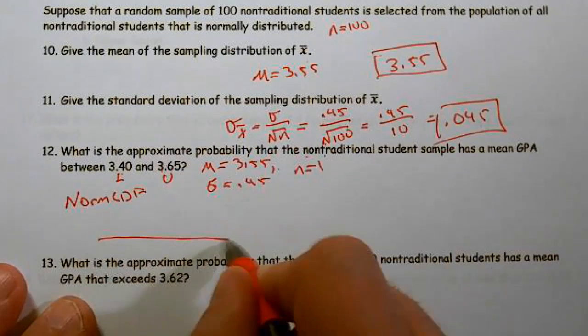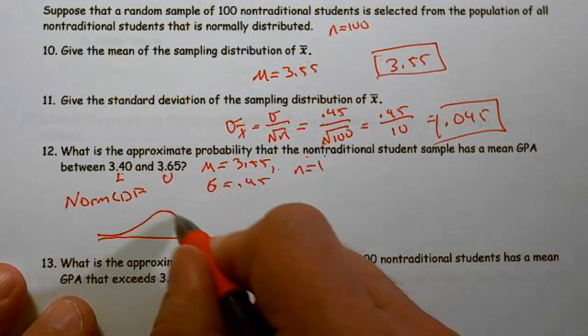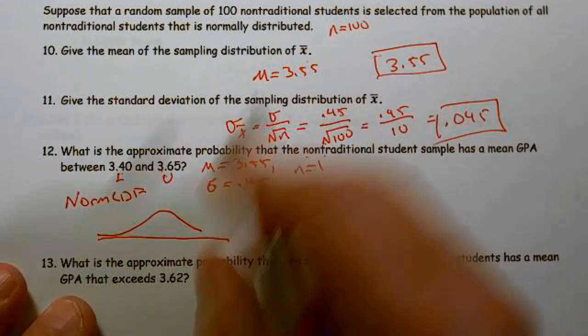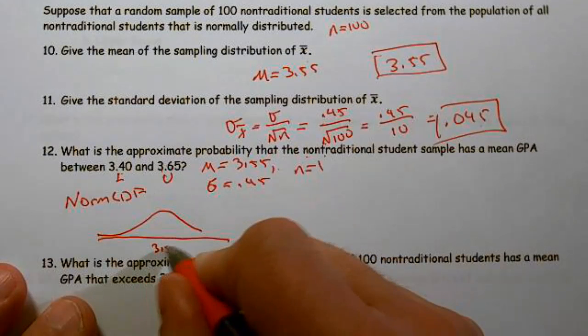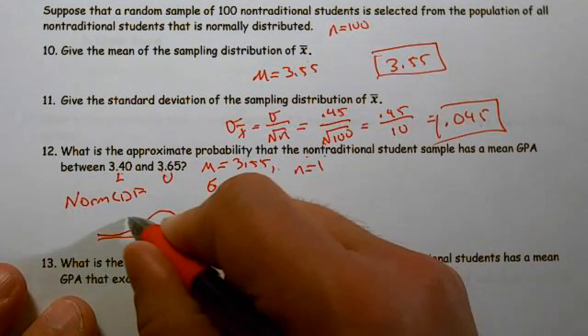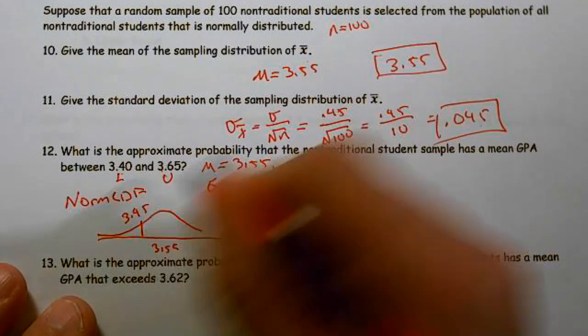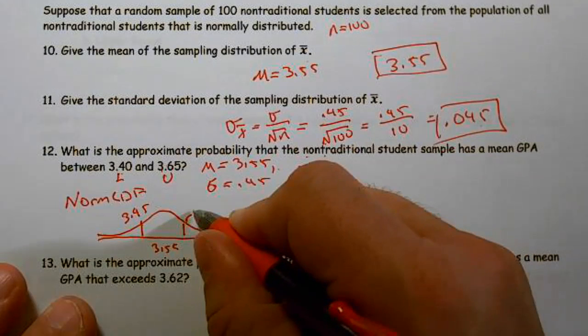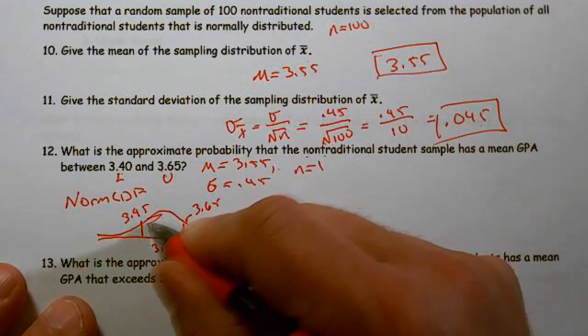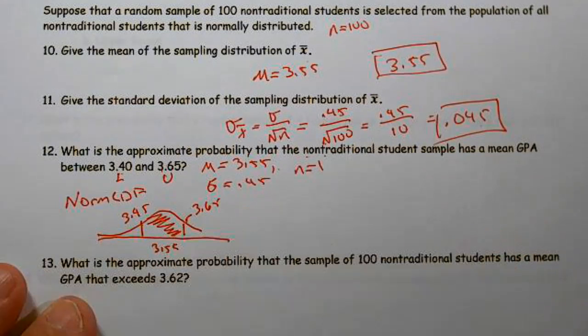Drawing a picture, it's going to look something like this. 3.55 is right here, because that's our mean. And then we have 3.45, and then we have 3.65. We want to know that probability, so we're looking for the area in between.